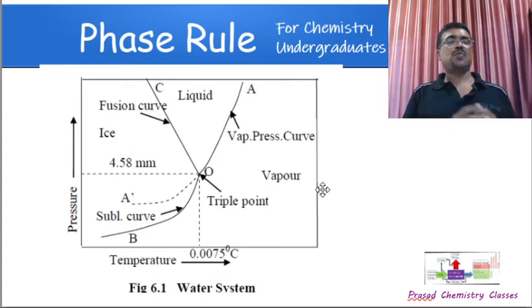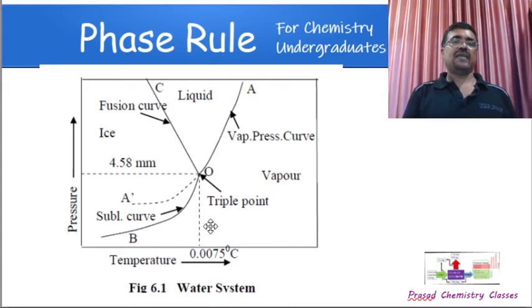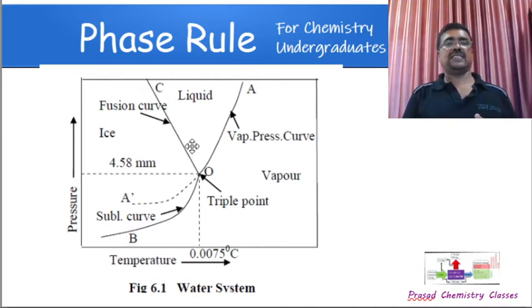There will be a small vapor pressure for solid ice also. So we say sublimation curve. So how the sublimation temperature changes with confining pressure, we can consider it like that.